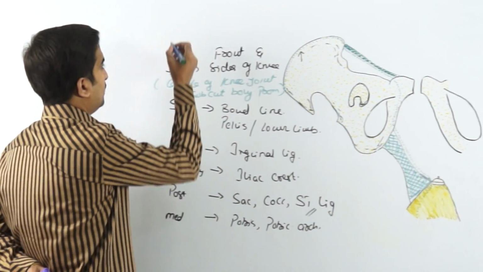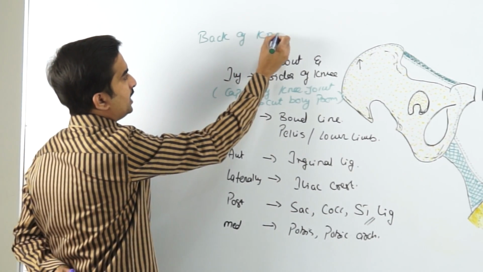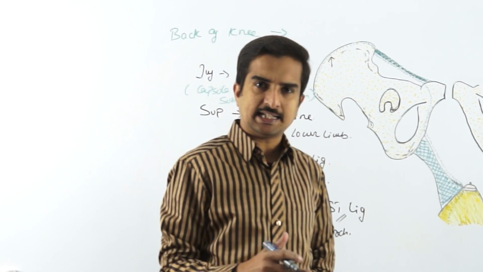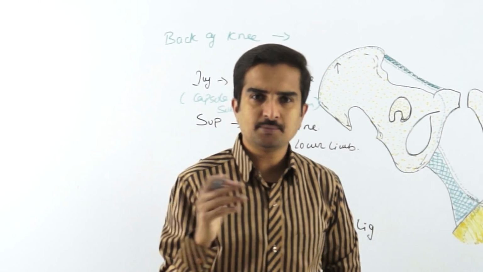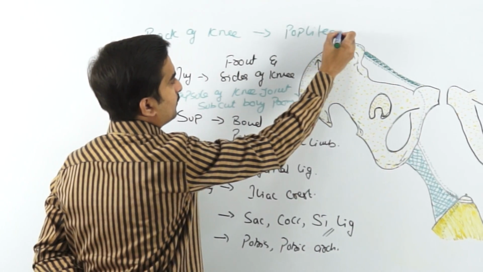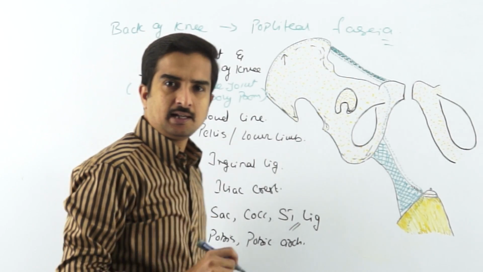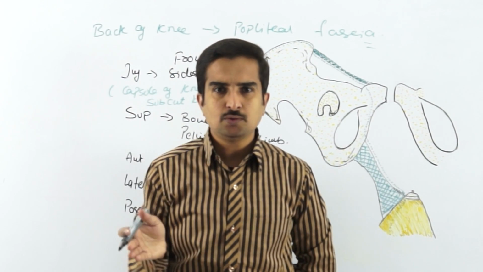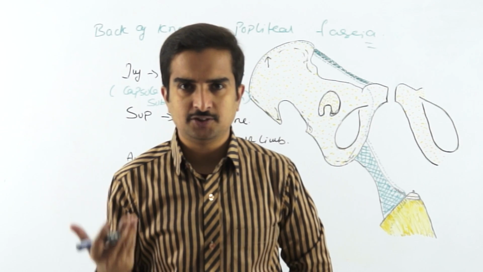So here I will write, back of the knee, it forms popliteal fascia. And from the popliteal fascia it extends downwards to the back of the leg to form the deep fascia of the back of the leg.